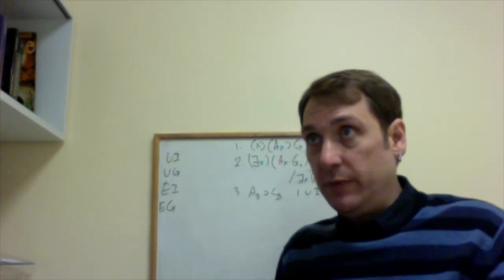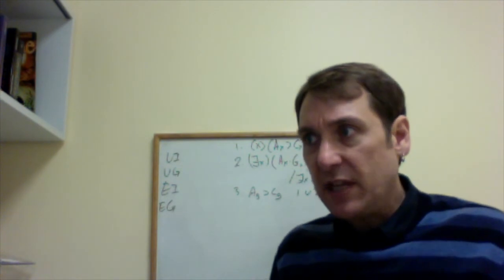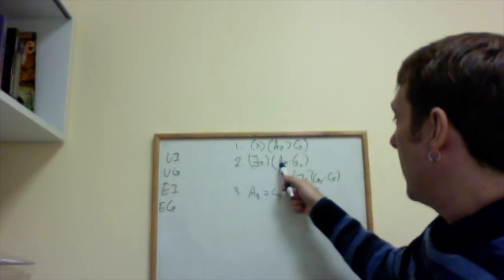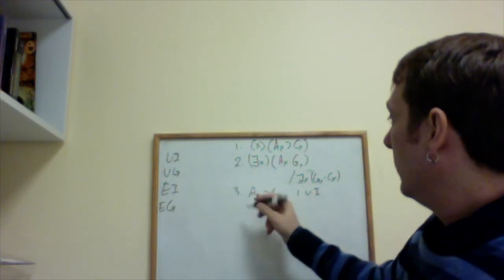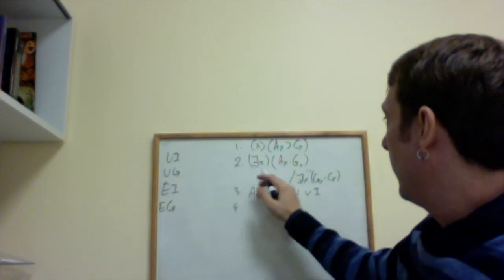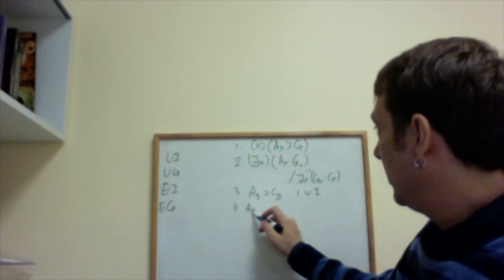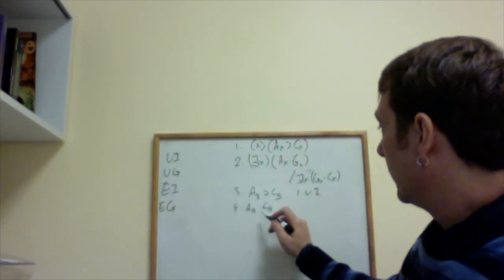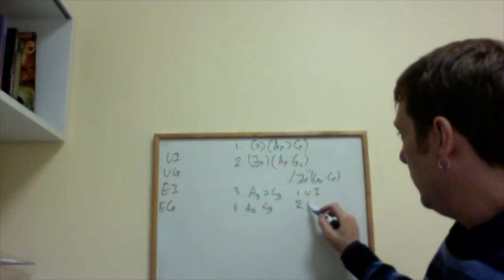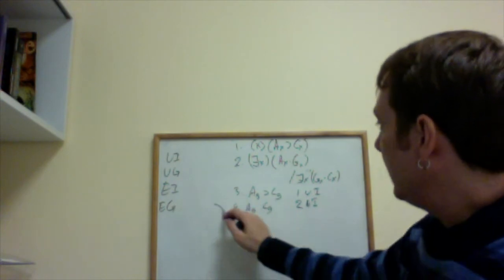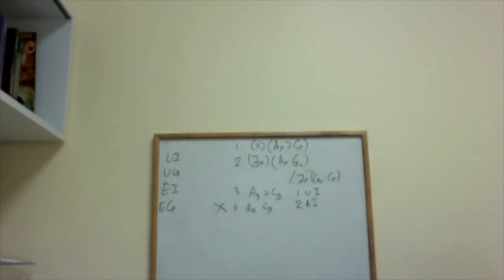There's nothing wrong with doing that. But now suppose that we wanted to write down line 4 and we want this thing here. So suppose that we said AG dot CG from line 2 by existential instantiation. This is not allowed.